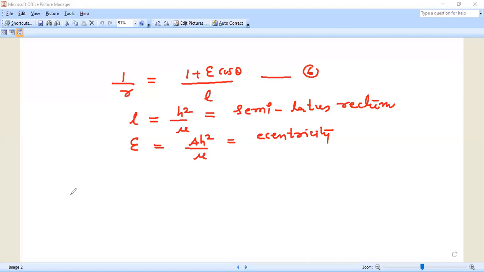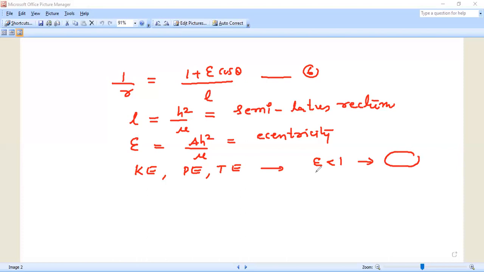So for that, our approach is, first we calculate the kinetic energy of the planet, next the potential energy, then the total energy as the sum of kinetic energy and potential energy. Finally, if we prove the eccentricity is less than 1, then it is very clear that the orbit is an ellipse. This is the approach.